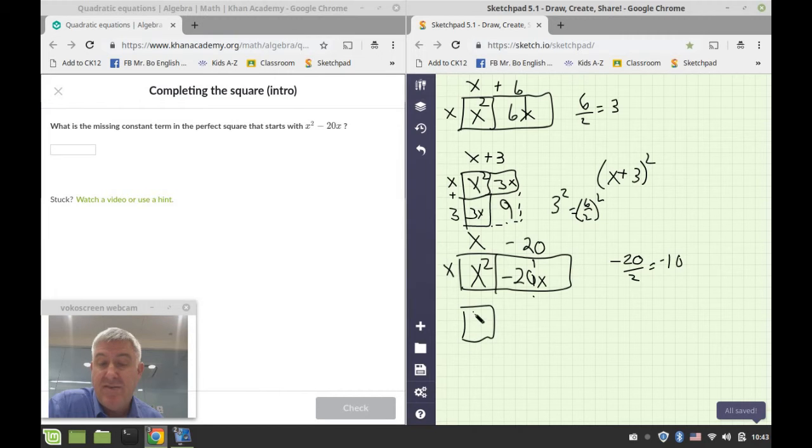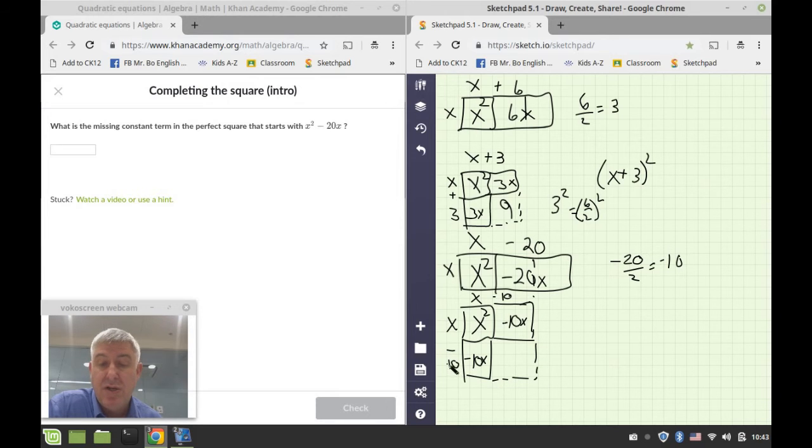So now I'm going to have my x squared, and I'm going to have negative 10x over here, and I'm going to have negative 10x over here. So I have the same amount. I have 20, still have 20x, but negative 10 is here, and negative 10 is here. X minus 10, x minus 10.